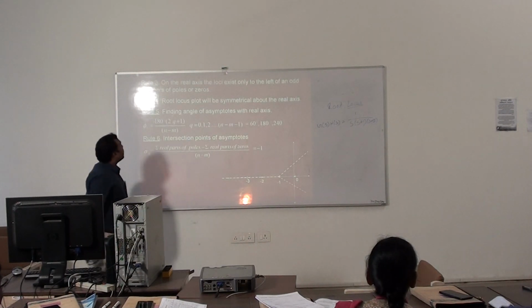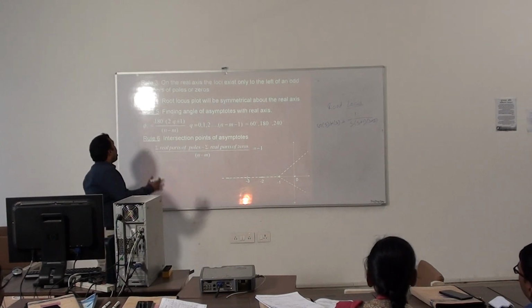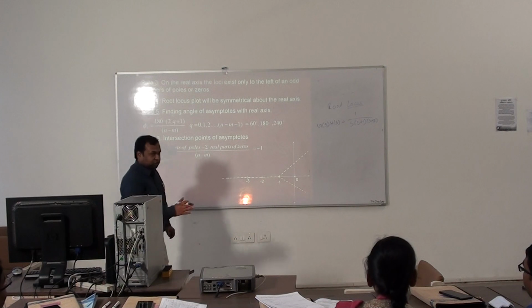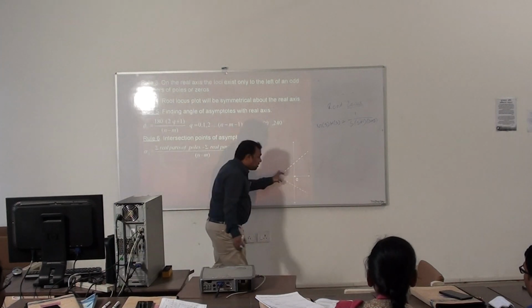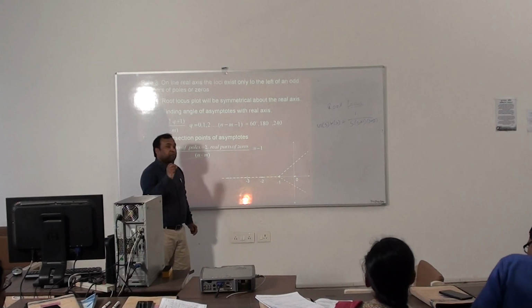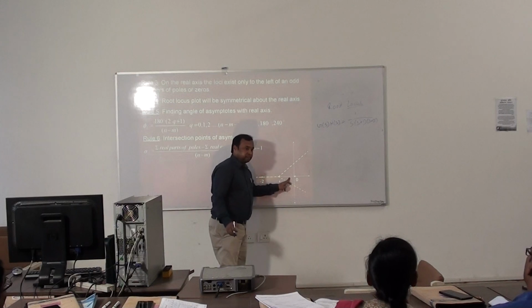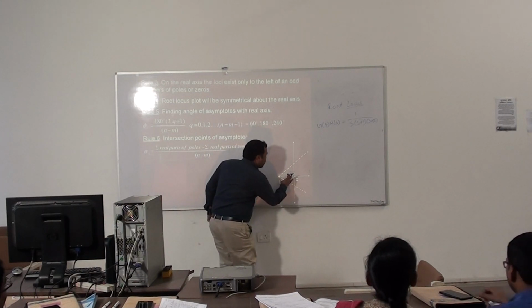Now on the real axis, the root loci exist only to the left of an odd number of poles or zeros. So with the given graph, when we plot the positions of the poles and zeros, we can take a particular point and see how many poles and zeros are there to the right of it. Suppose we take this point here.